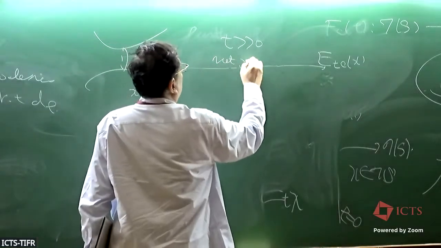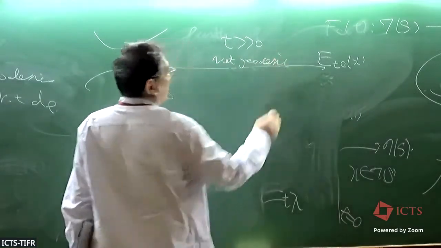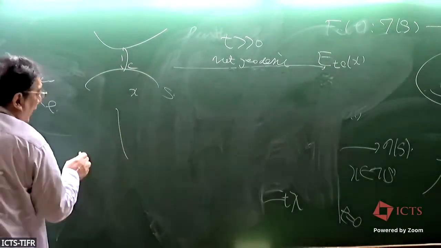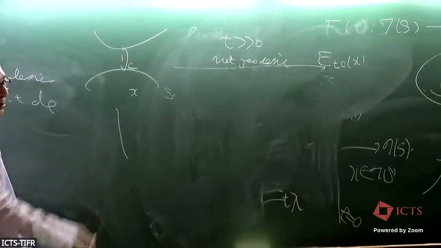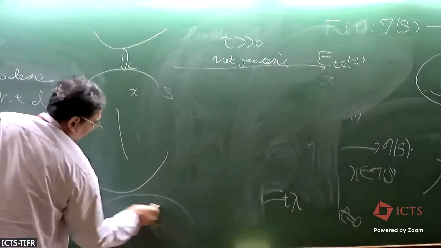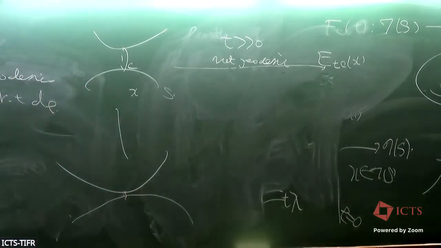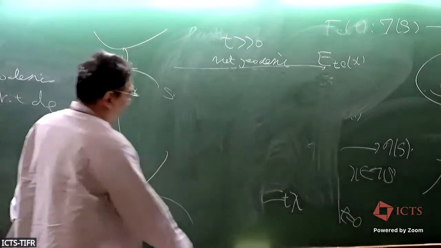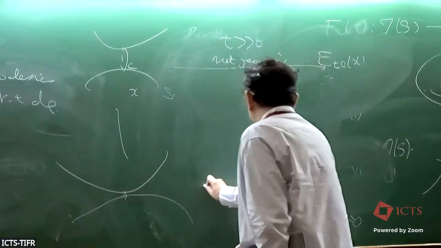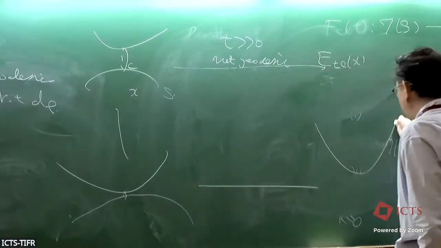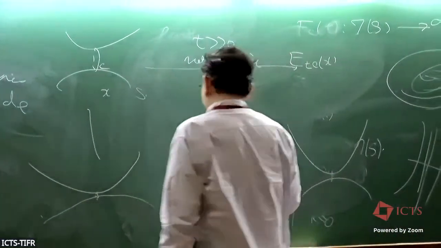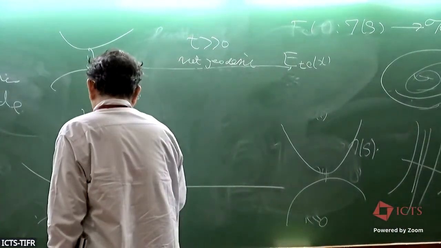Why? So you first consider pinching of this simple closed curve along C. So make it very short, something like this. And then consider twist along this short one by the same amount.